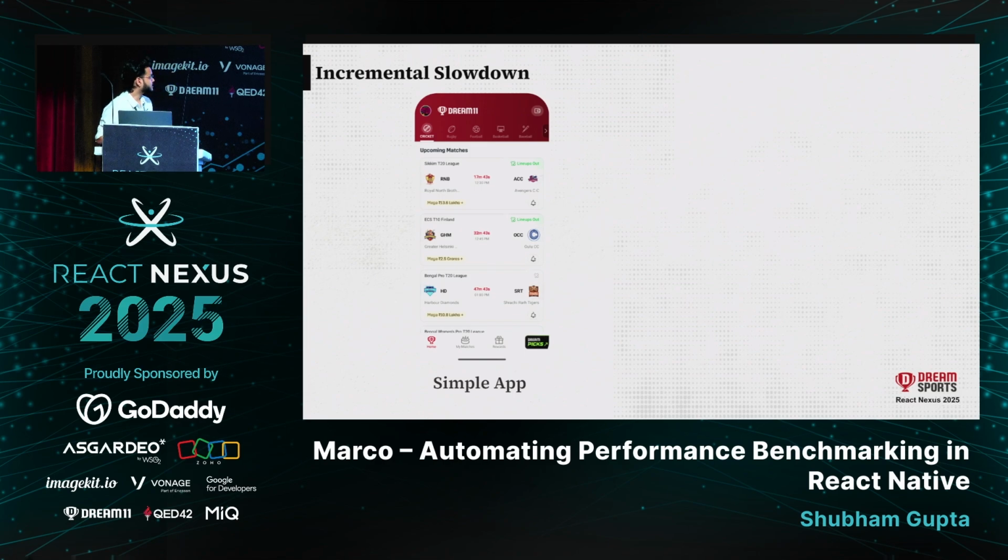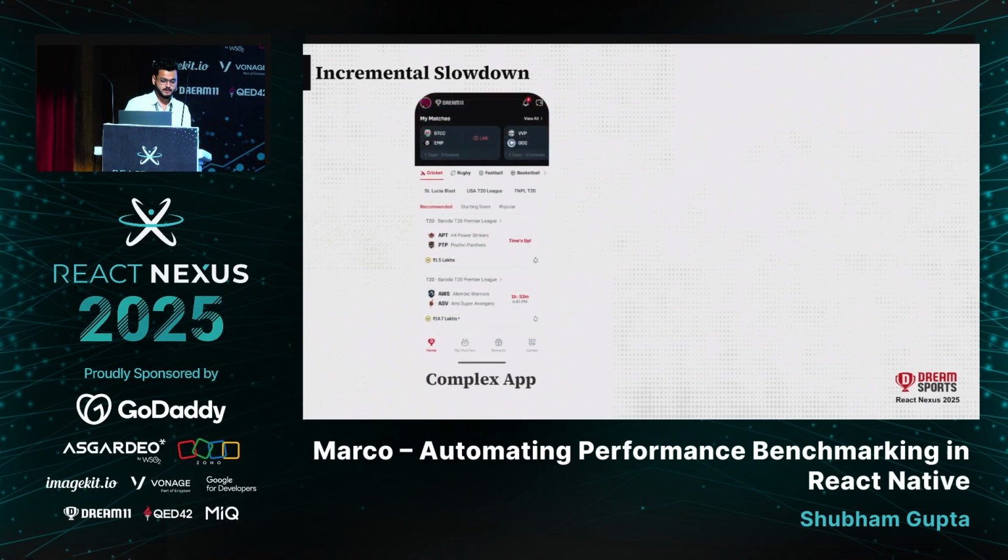Now let's talk about some common problems that many apps face. Usually when our app is simple, with a small number of features, we really don't care about performance at that time. We just keep shipping features and things look great. But what happens when our app becomes complex, adding lots of complex features and making the app more dynamic?